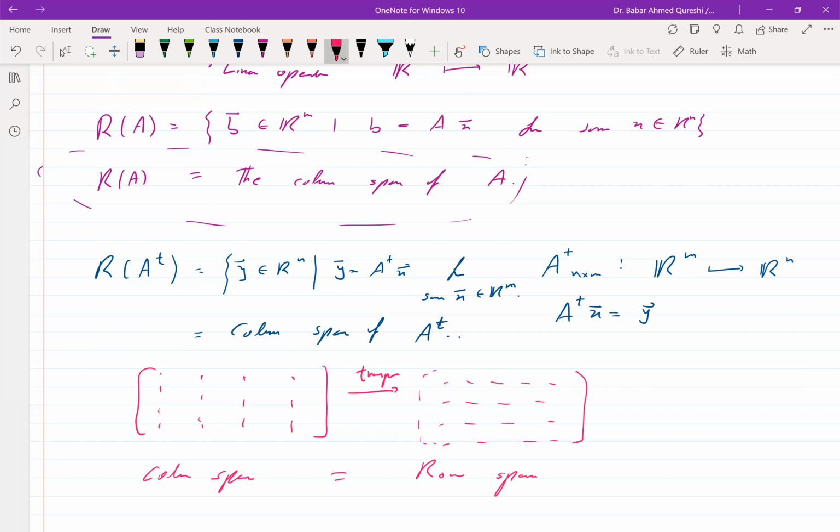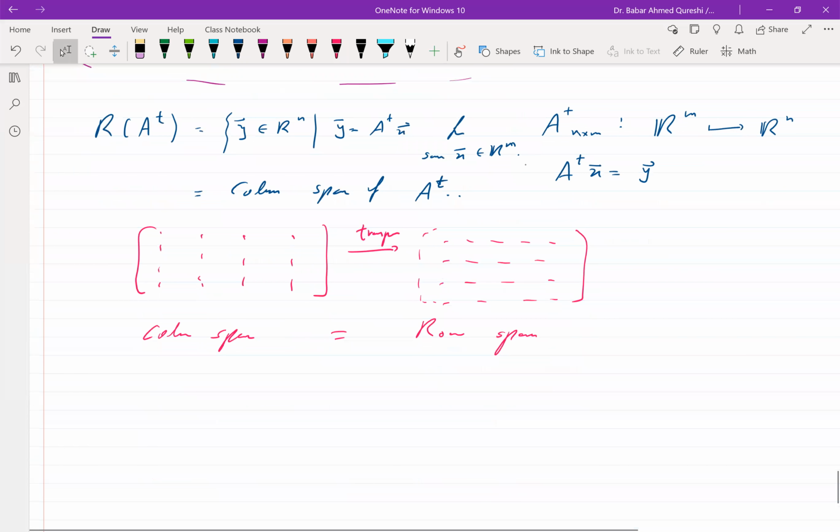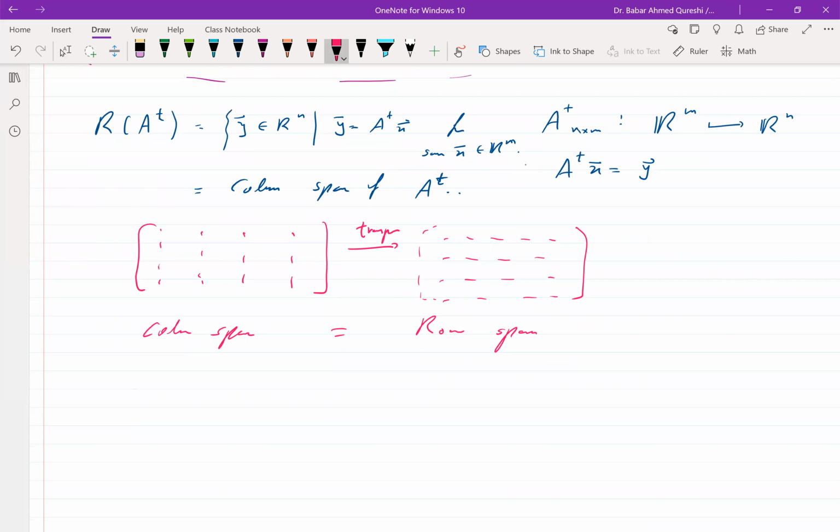It's just that now you have put them lying down instead of standing up as columns. So essentially, the row space of A is equal to the column space of A transpose.